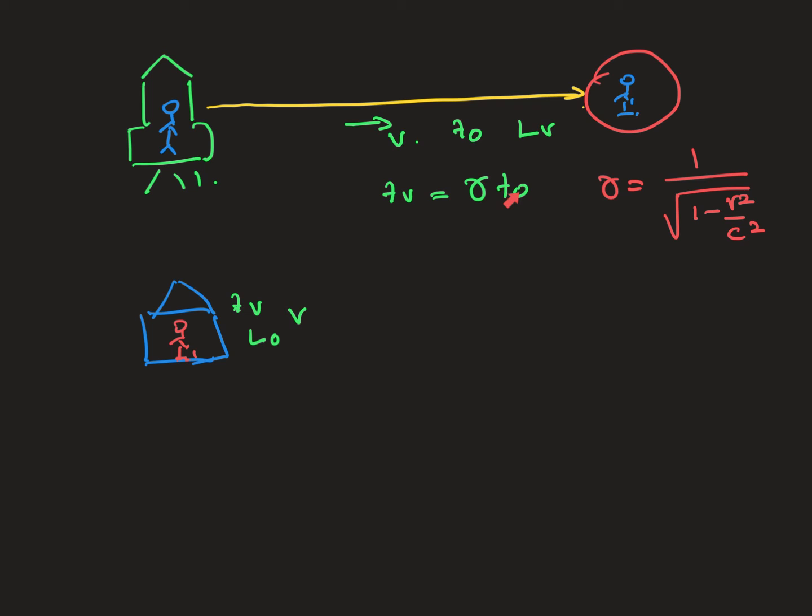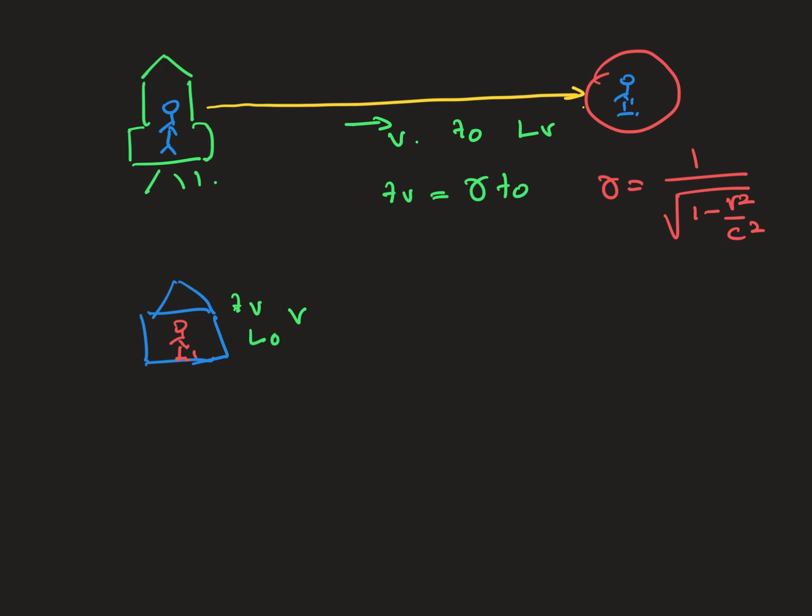That means when a spacecraft reaches the speed of light, time stops. Time doesn't move. So that's one of the reasons it's impossible to go beyond the speed of light, because even this formula will become meaningless when the speed of the spacecraft goes above the speed of light.